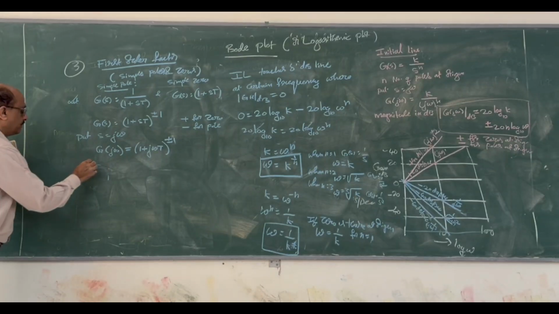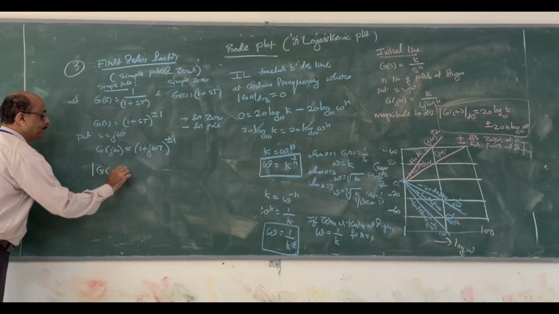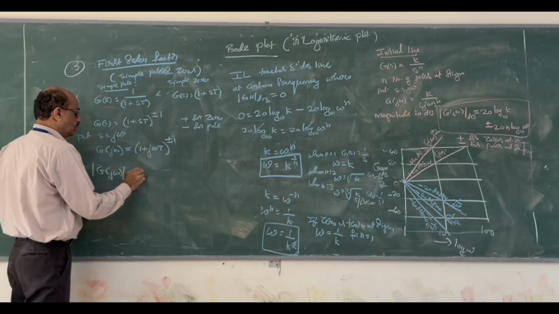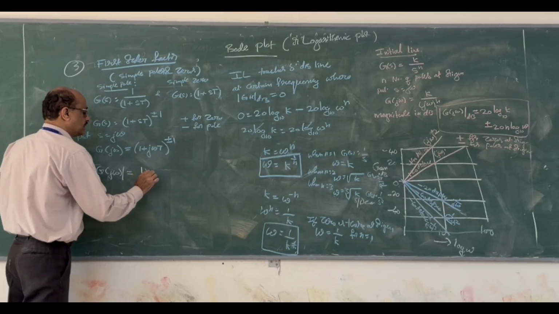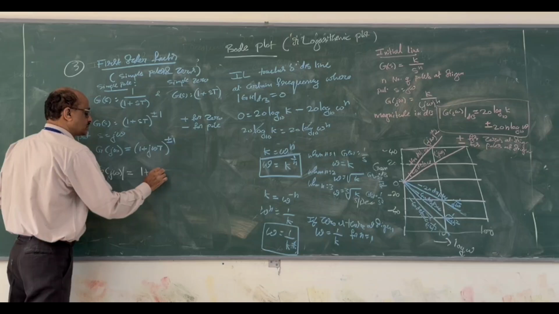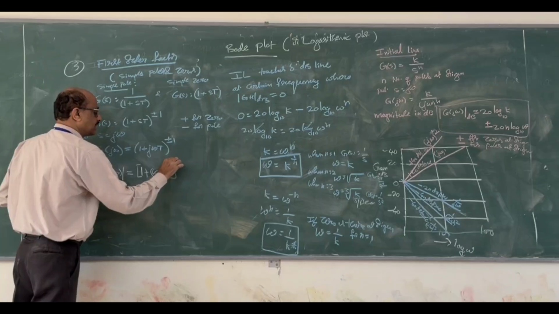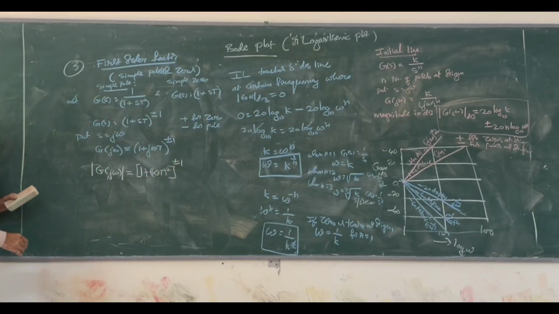The magnitude of G of J omega is root of 1 plus omega T square, to the power of plus or minus 1.